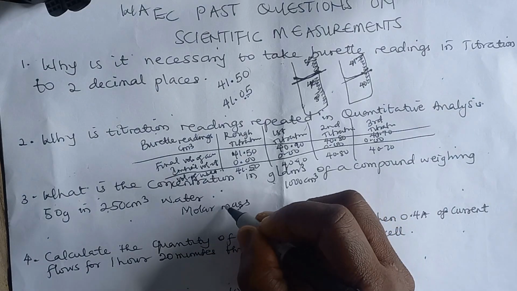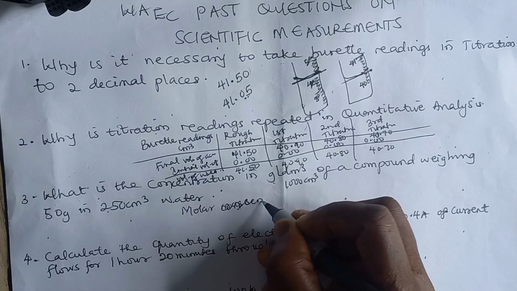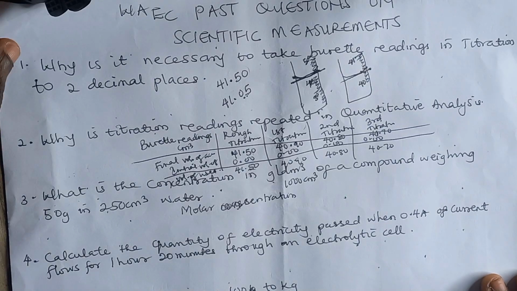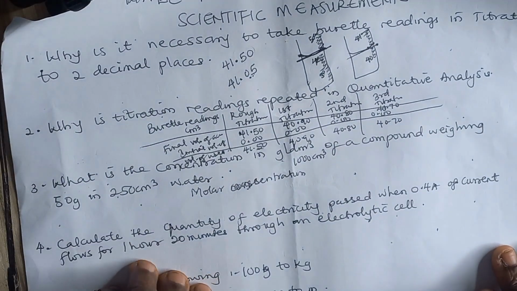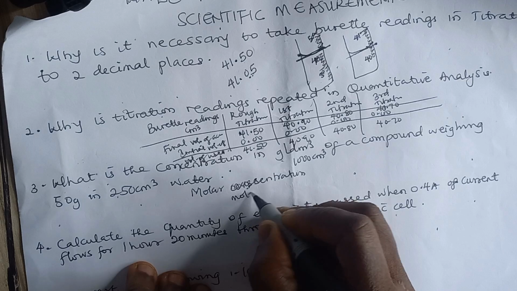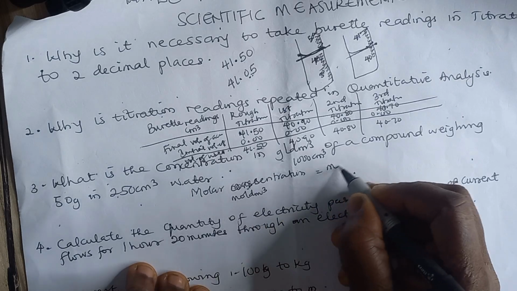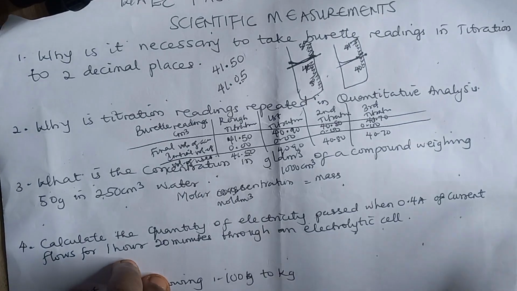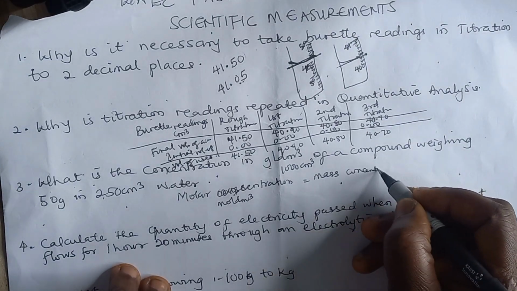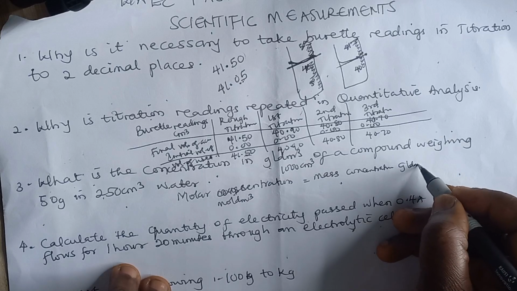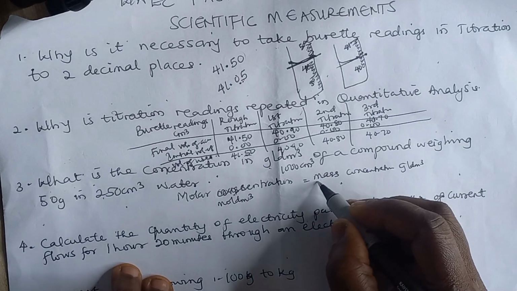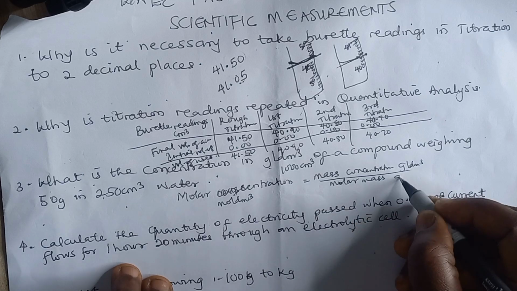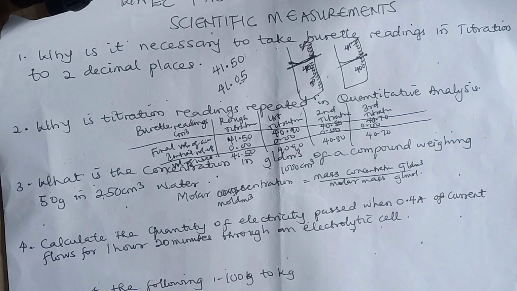Molar concentration, which is in mole per dm cube, is equal to mass concentration in gram per dm cube over molar mass, which is in gram per mole.